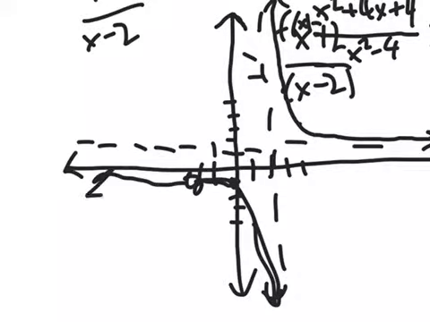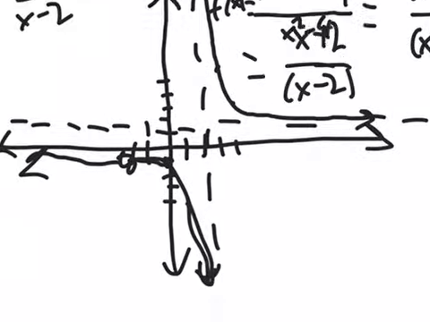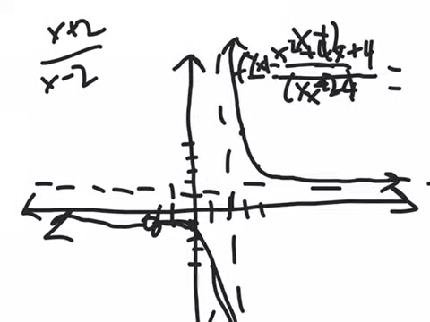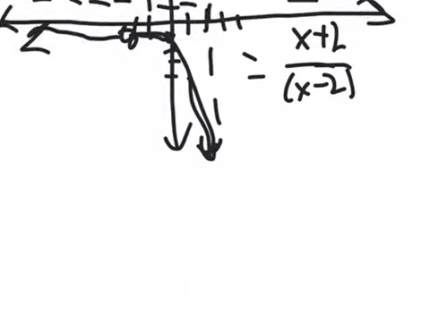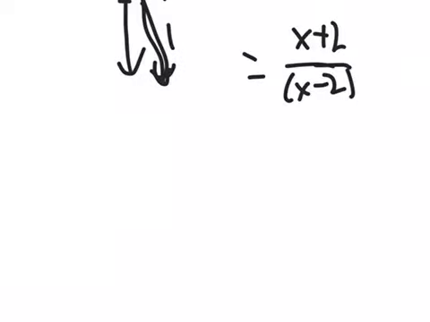So the graph should look something like that, with a hole at -2, a vertical asymptote at x is equal to 2 and a horizontal asymptote at y is equal to 1.